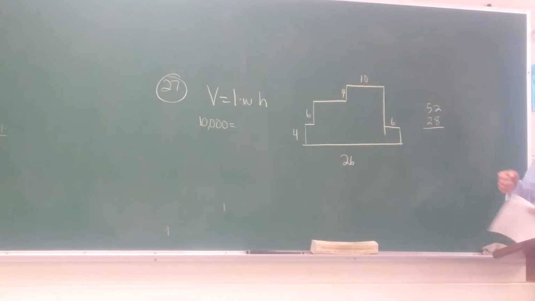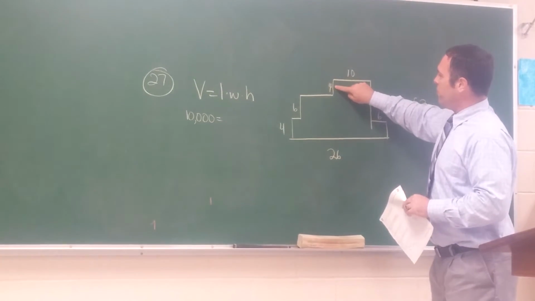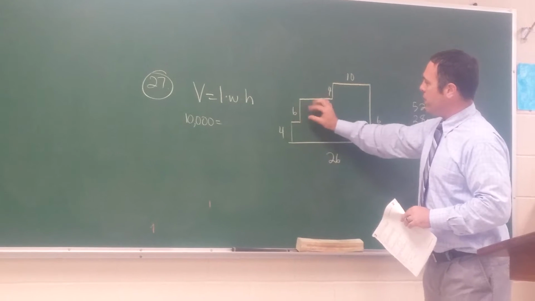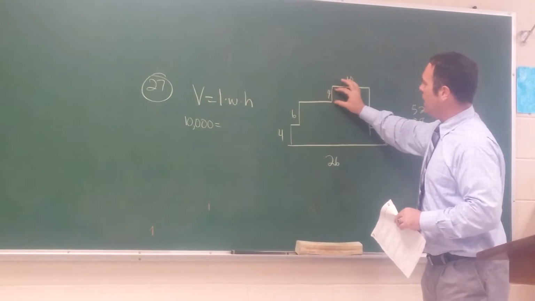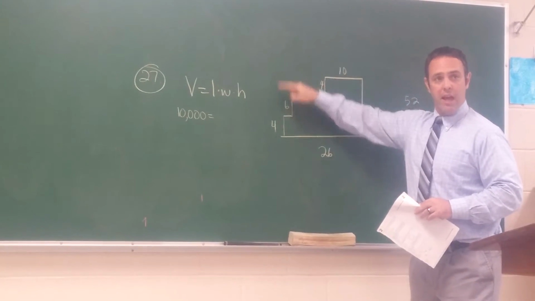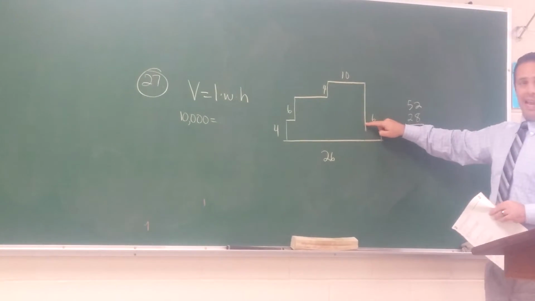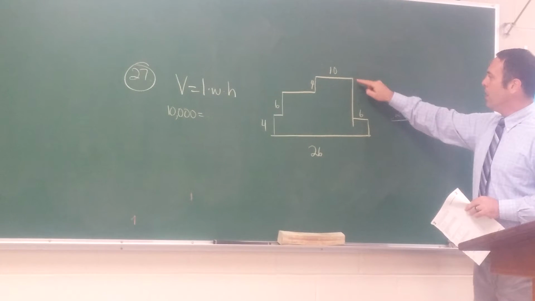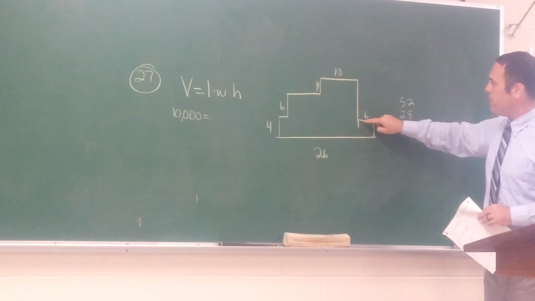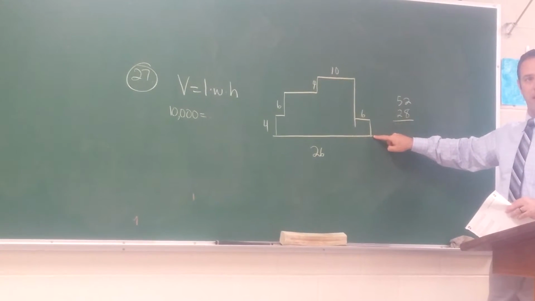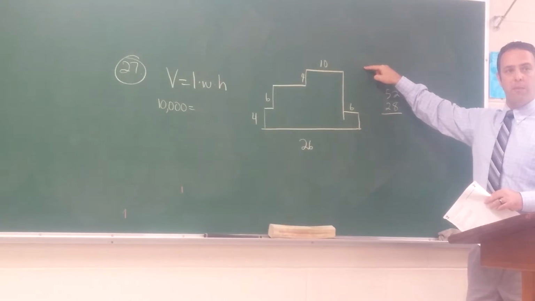No. Okay, let me show you again. This piece plus this piece plus this piece, if we took this piece and moved it, it would be the length from the bottom to the top. Although these sides are not labeled, I could figure them out. If I took this piece plus this vertical piece, it still is the length from the top to the bottom.